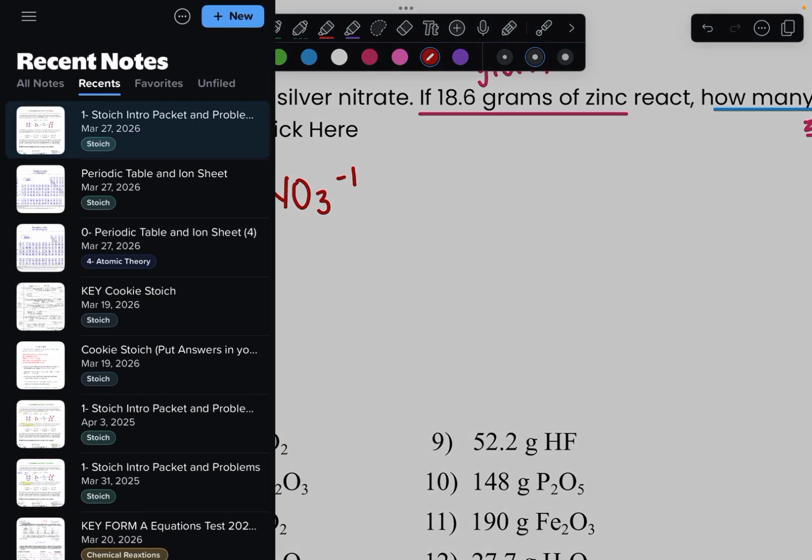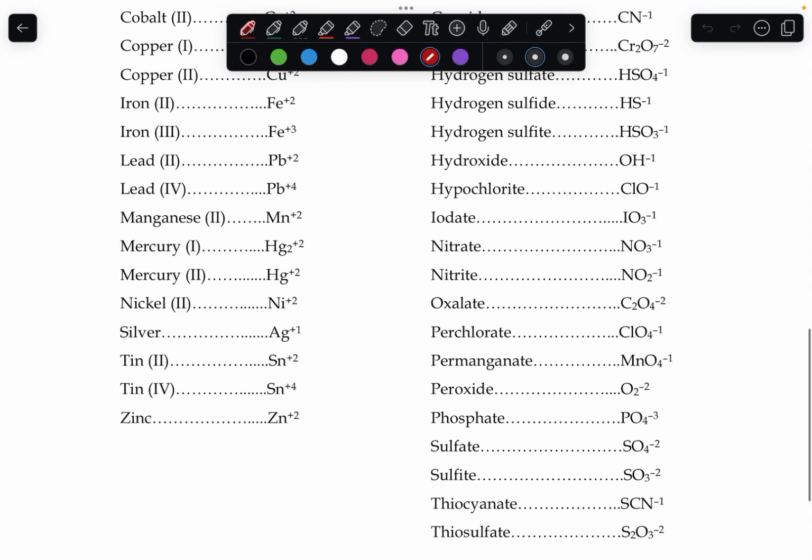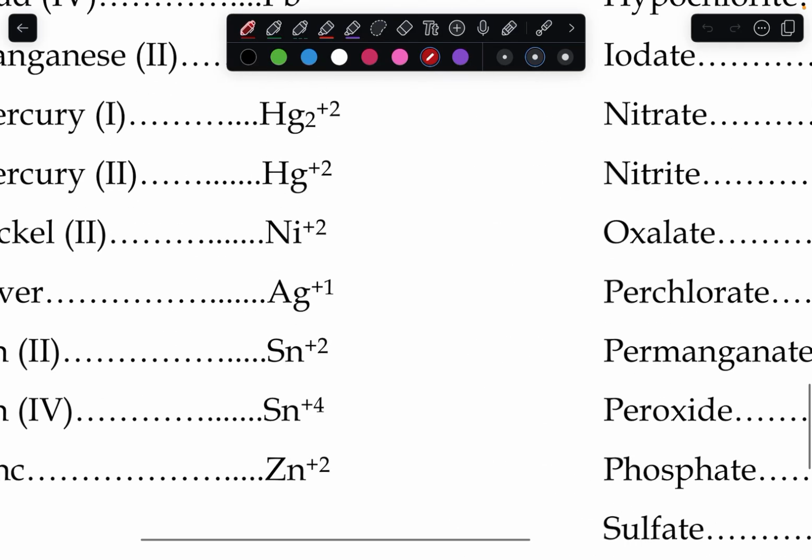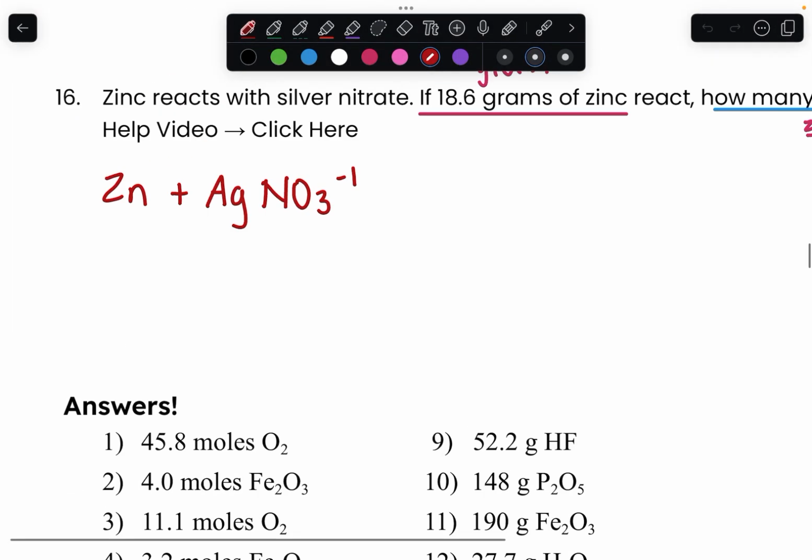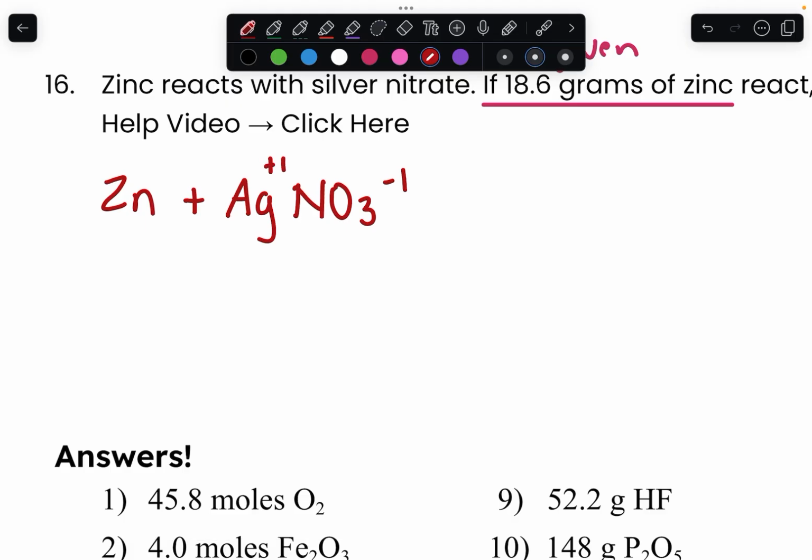Now, if I go back to that periodic table and look on the cation side for the charge of silver, silver has a charge of +1. So in this case, it just so happens that this chemical formula is already balanced for charge. So AgNO3 is going to be our formula for silver nitrate.